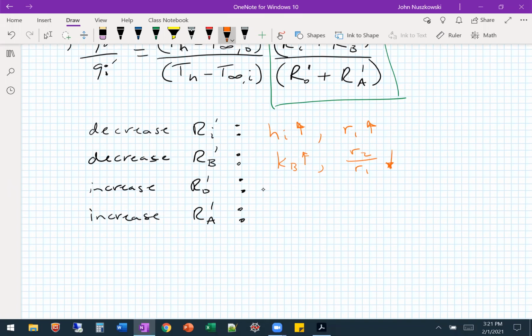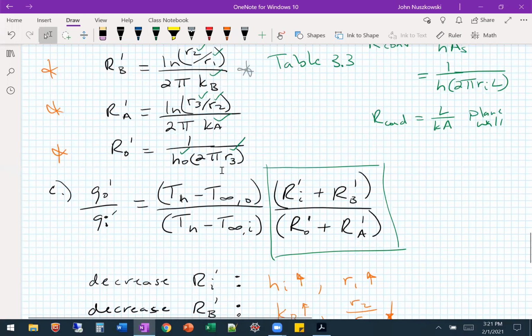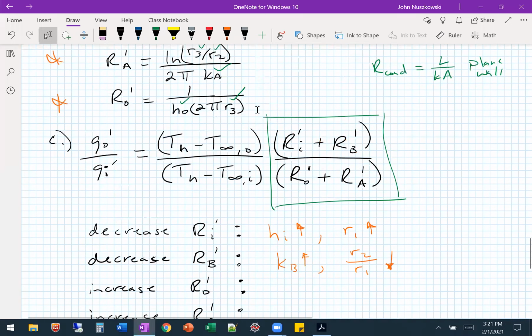All right, so then increasing RO, it's convection again. So now it's decreasing HO or R3, right?